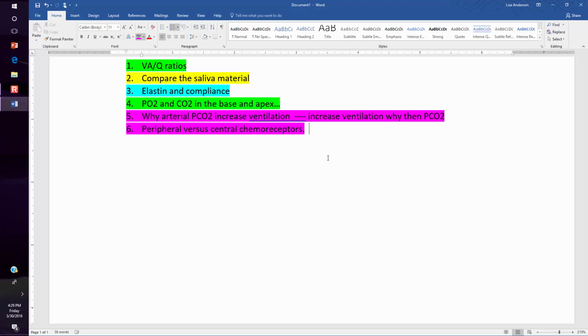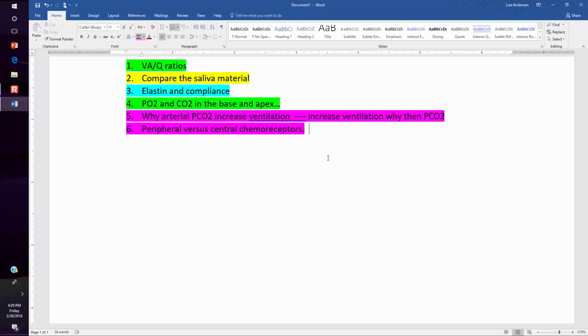So, you have peripheral chemoreceptors in the aortic arch and in the bifurcation of the carotids. Those are the peripherals. And they monitor arterial CO2, because remember, we don't care what's in the veins.